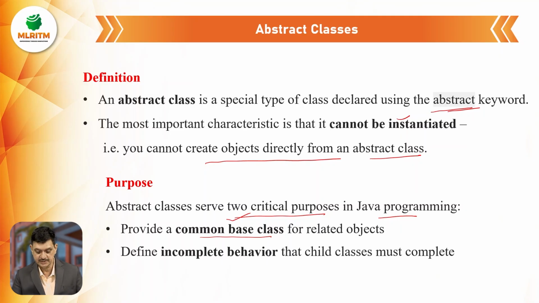Only the common thing and our incomplete behavior will be created in the abstract class. Later, that incomplete behavior has to be implemented in the child class. That means the child class must complete the process initiated by the abstract class, or the behavior which is not completely defined in the abstract class.